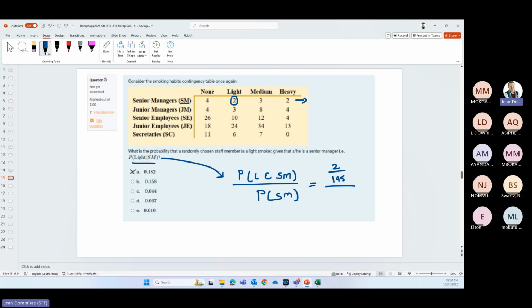So it's 4 plus 2 is 6, plus 3 is 9, plus 2 is 11. So 11 over 195. That probability, we work it out, is 0.181818. If we round it off, 0.182, which is option A.